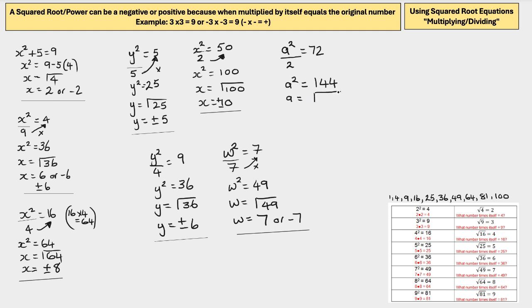So the square root of 144 is 12, or minus 12. This 12 times 12 is 144. Good to know that one as well. I know that's not on the chart, but that's a common one. That comes up a lot, 144.